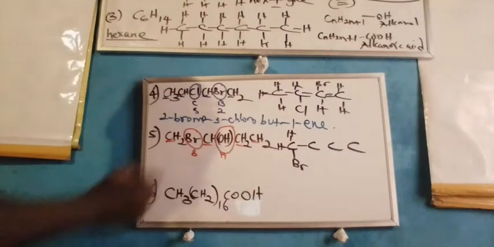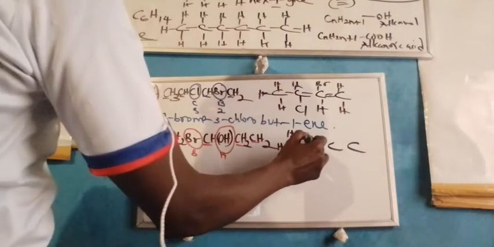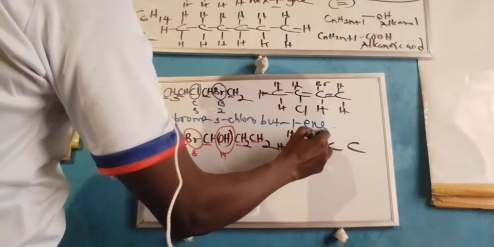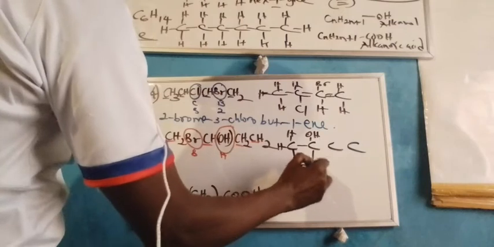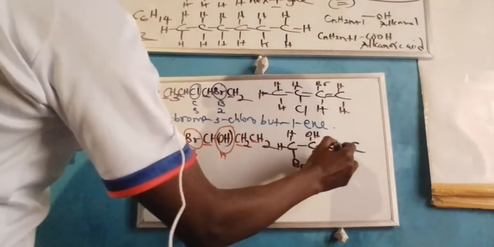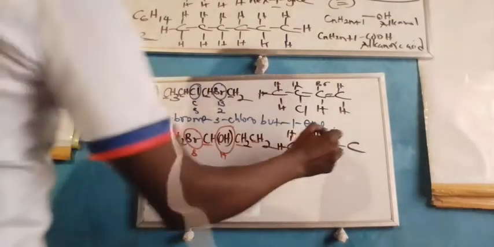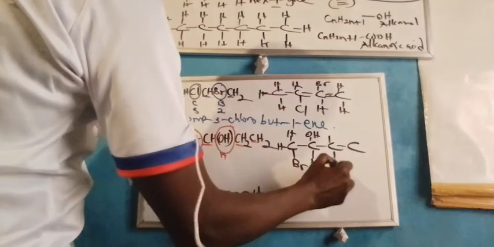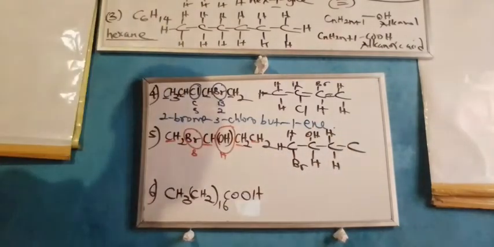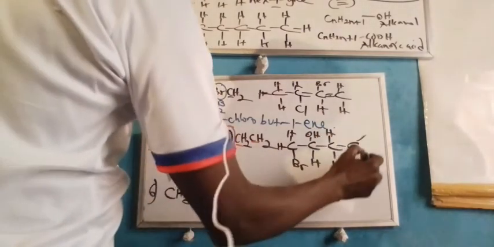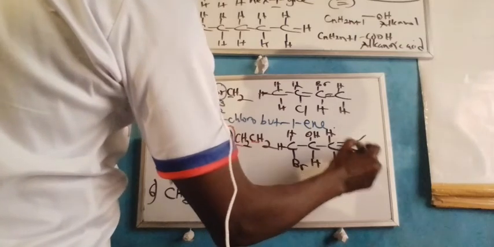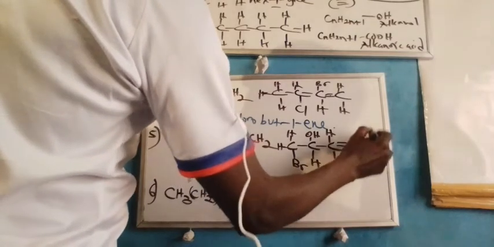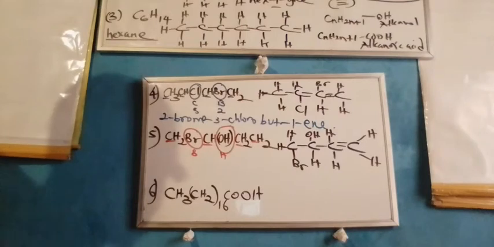The second one has a hydrogen and a hydroxyl. The third one has 2 hydrogens, and the fourth one also has 2 hydrogens. Now, following the carbon rule, it means there's a double bond. And that is a complete structure.